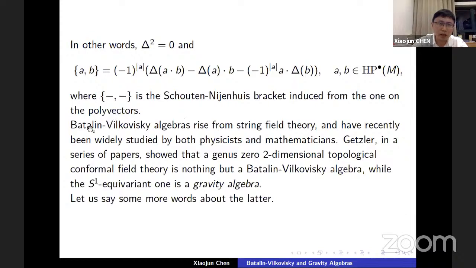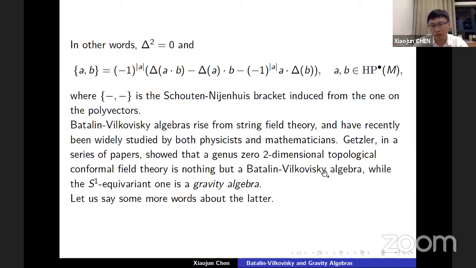Actually, in the 1990s, BV algebras were studied by a lot of people. They arise from string field theory and have recently been widely studied by both physicists and mathematicians. In particular, in 1992, Getzler, in a series of papers, showed that a genus 0 two-dimensional topological conformal field theory is nothing but a BV algebra.